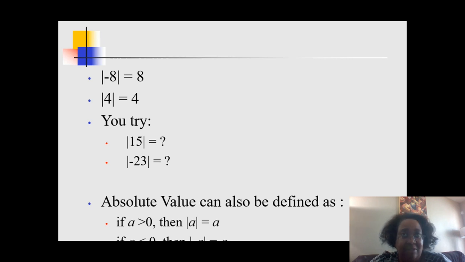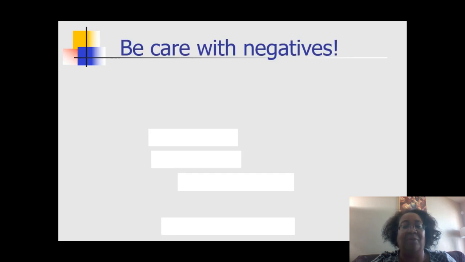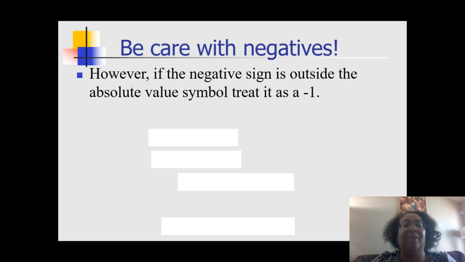And because it's a distance, the absolute value itself is not going to be a negative number. Now, that does not mean that when you're solving absolute value equations that you may not get a negative number. So let's talk about negatives briefly here. And hopefully you have reviewed your positive and negative rules so that when you're doing these equations, you're going to be able to solve them.